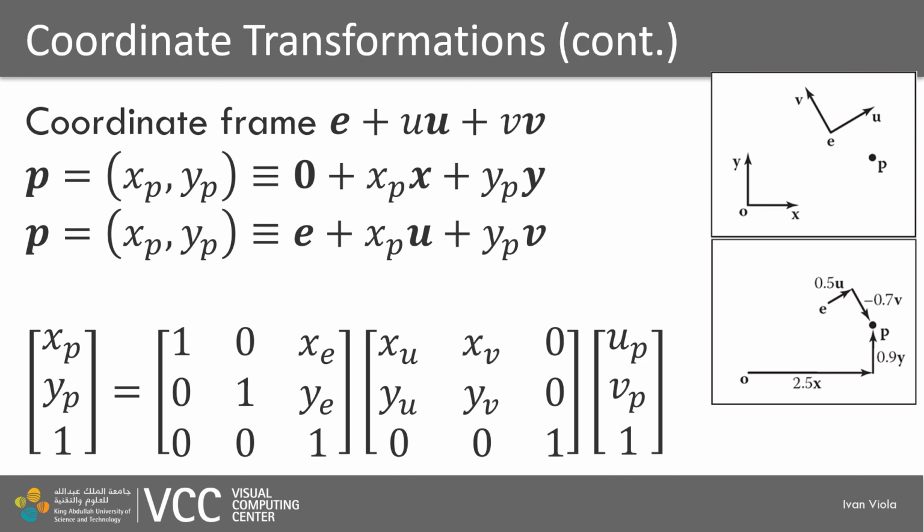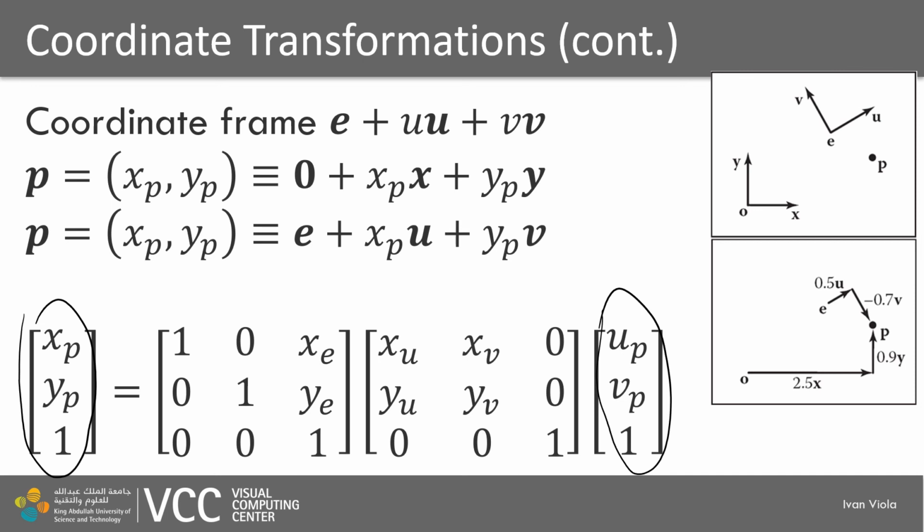So if we want to express the point P in the x and y coordinate system, and we have its UP, VP coordinates at the beginning, in the UV coordinate system, then we can do it in the following way.